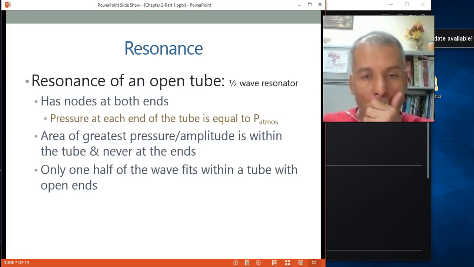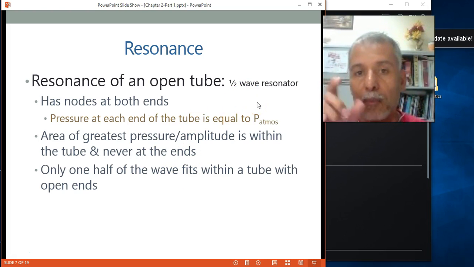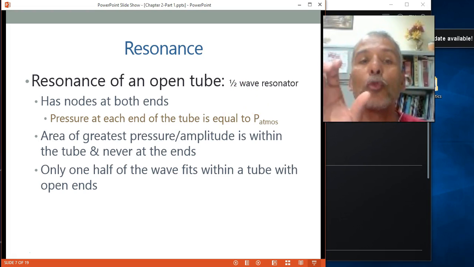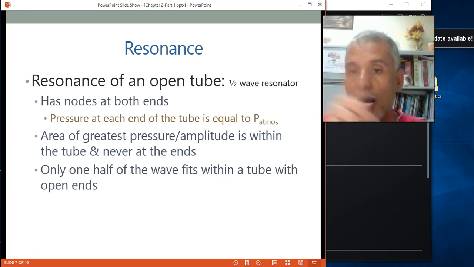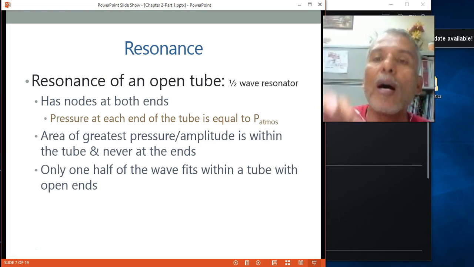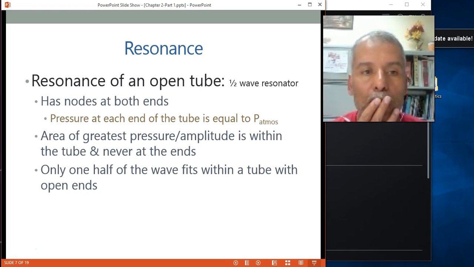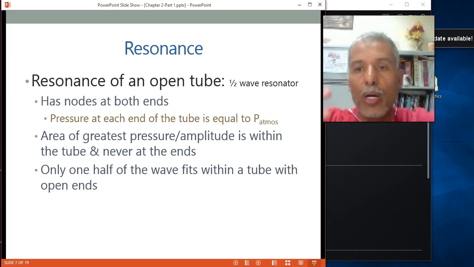So resonance of a half wave resonator, a half wave tube that is open on each end, can only fit 1/2 of the wave the first time that the air responds. And again, it has 2 nodes at either end. It has no pressure at either end.